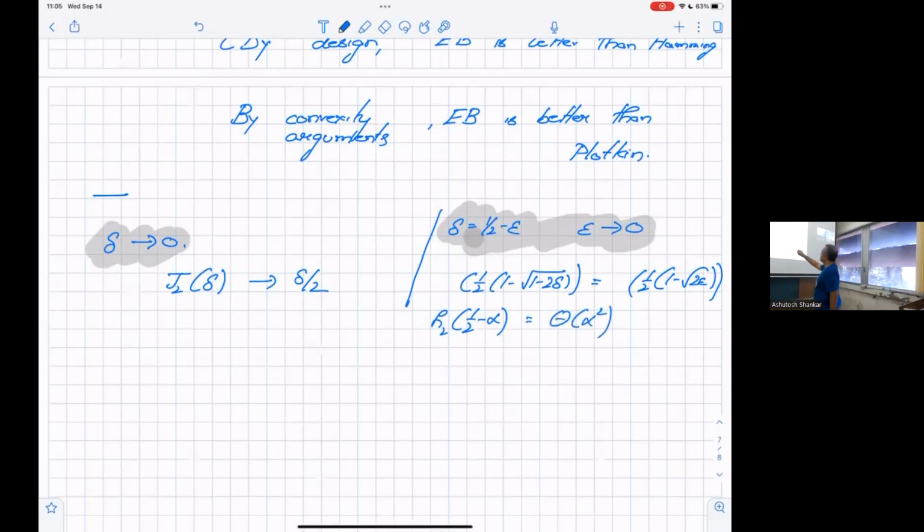If you expand the binary entropy function around half, you'll notice that it won't have a first order term.